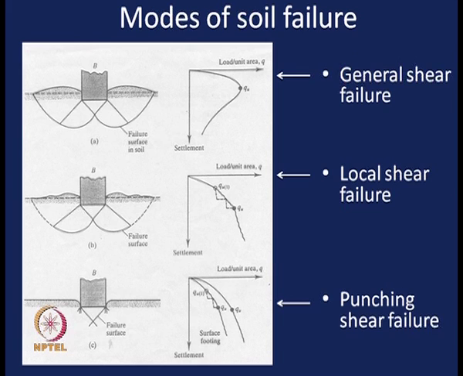At the particular point where this condition is achieved, the corresponding load divided by unit area is called the ultimate load or the failure load. So, there are basically 2 points: one is Q u 1, the first failure load, and the second point Q u is the second or the ultimate failure load. So, this is local shear failure.